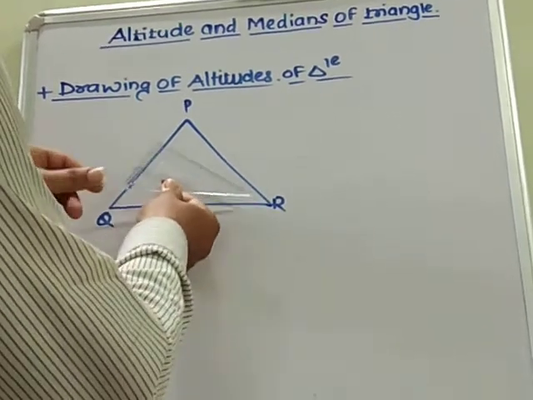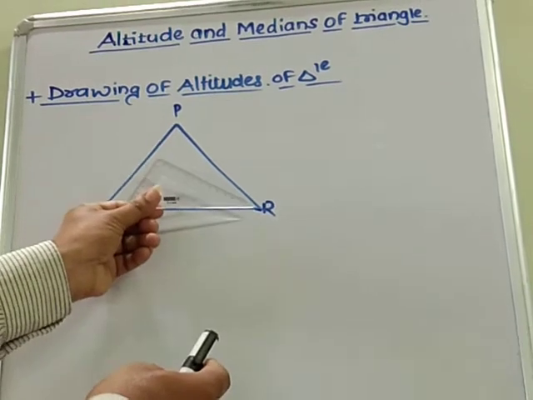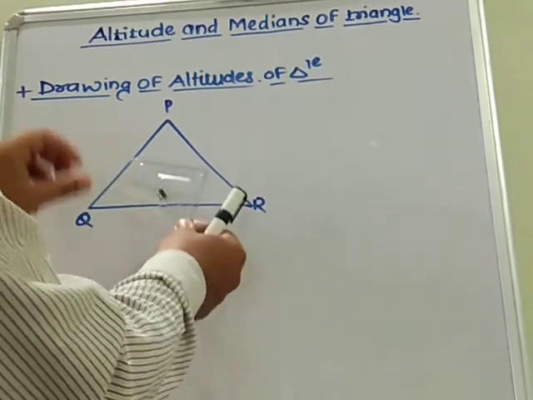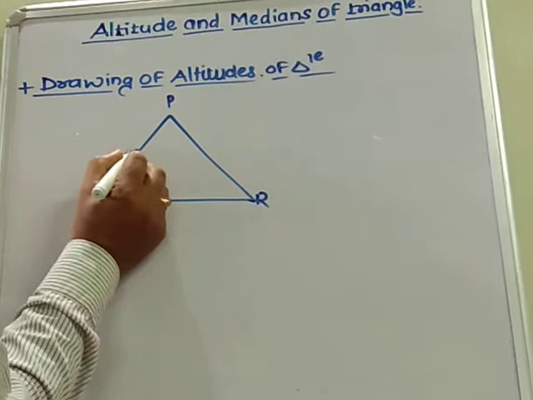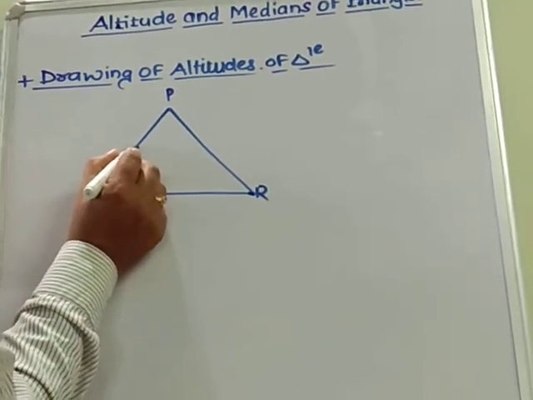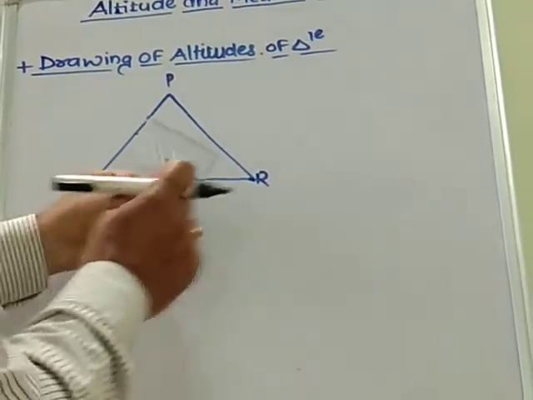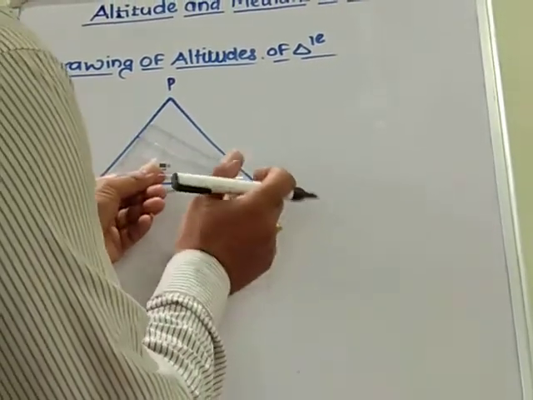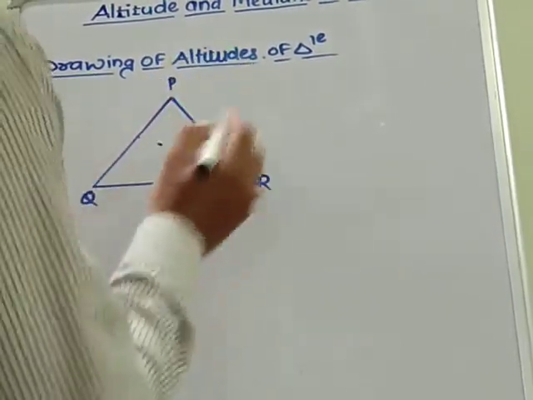Here this is very small, but by using this set square, you can draw a perpendicular from the vertices. Suppose you draw a perpendicular like this.